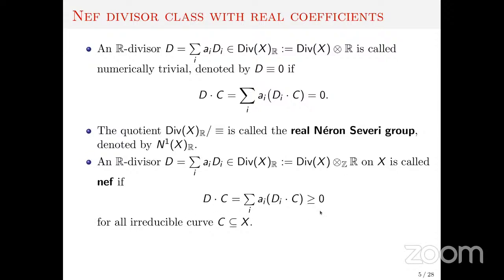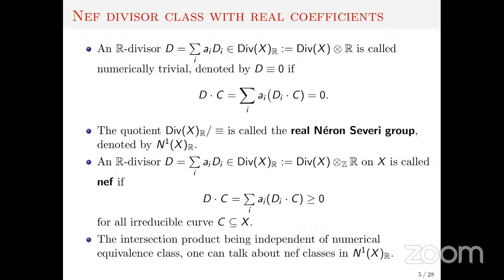So we have extended the notion of nef line bundles to real R-divisors. Now, this intersection product being independent of the numerical equivalence class, one can talk about nef classes in this real Néron-Severi group of X. So we will often talk about numerical equivalence classes in this real Néron-Severi group.